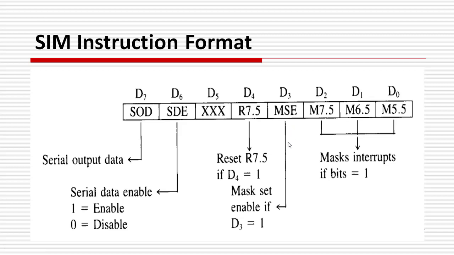If it is 1, then the SIM instruction will work, otherwise it will not. Then D4 is reset RST 7.5. D5 is a don't care condition. D6 is serial data enable. D7 is serial output data, which is not related to the interrupt.